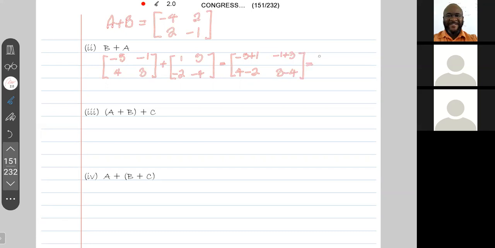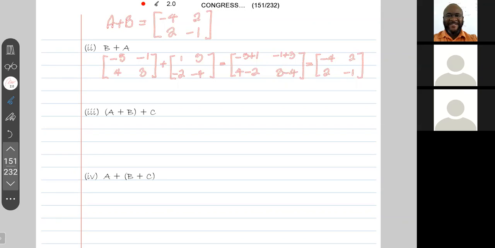And so our final answer is going to come out to be minus 4, 2, 2, minus 1, because minus 5 plus 1 is minus 4.